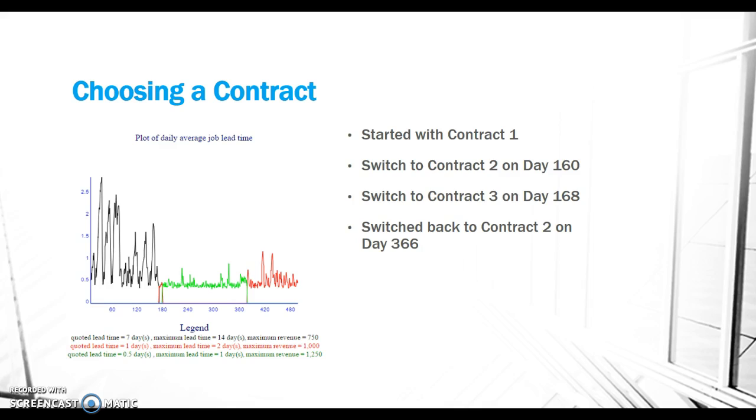As our lead time was changing, we switched to contract 2 to see what would happen, and we greatly reduced that lead time and maximized our revenue. Then we saw we were doing better than we thought, and at day 168 we changed to contract 3. After we sold that one machine, we saw that we dipped with contract 3, so we had to switch back to contract 2 just to stabilize.